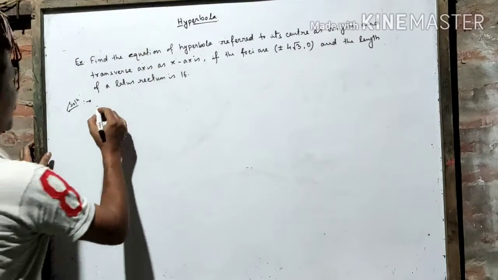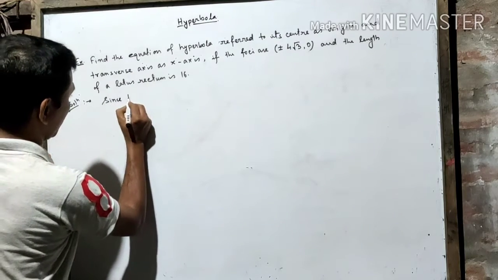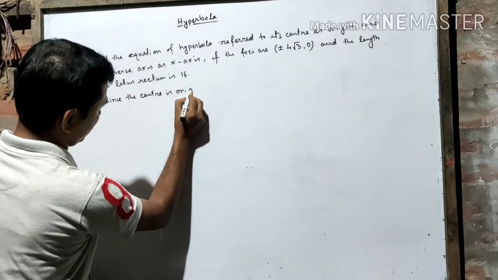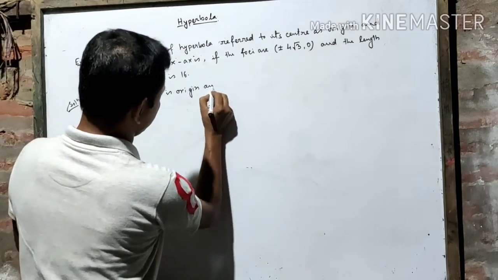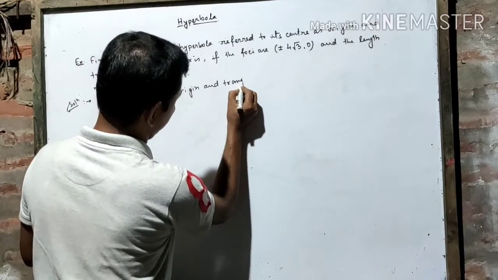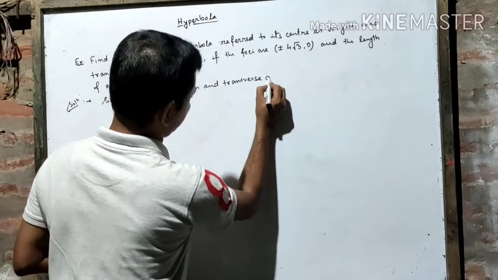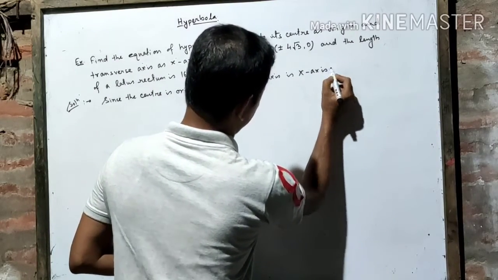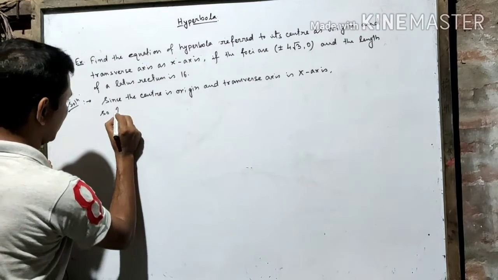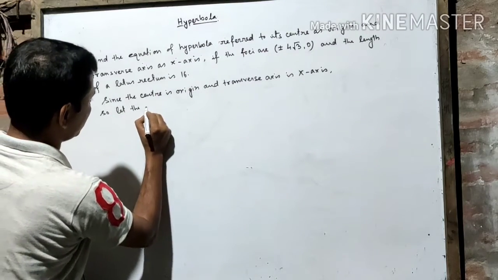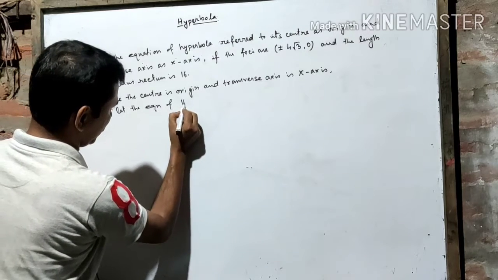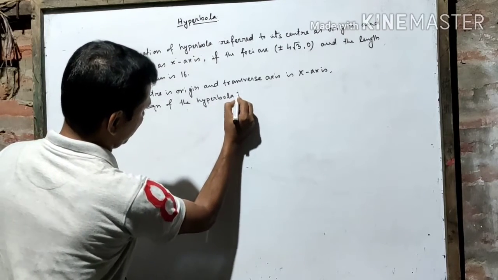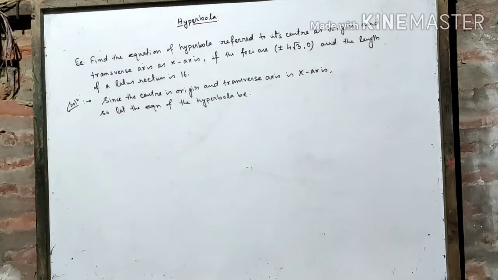So since the center is origin and transverse axis is x-axis, so let the equation of the hyperbola be, so what will be the equation of the hyperbola?